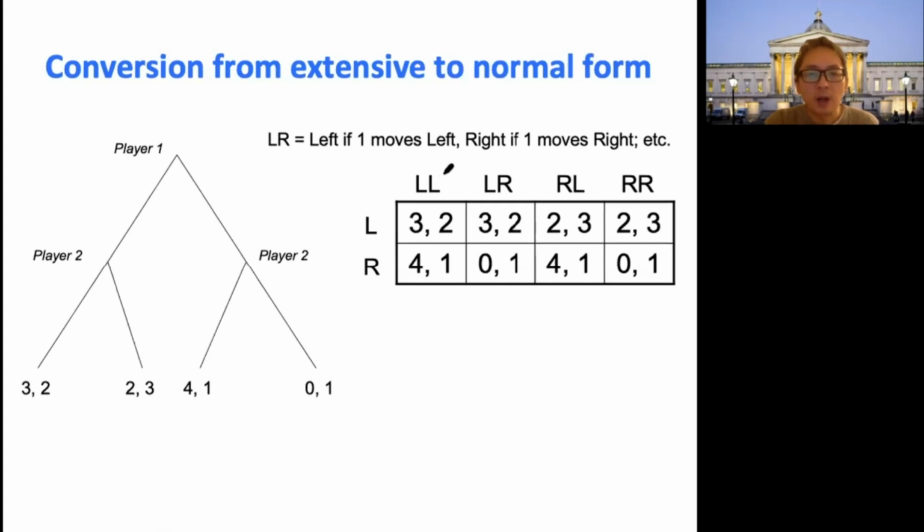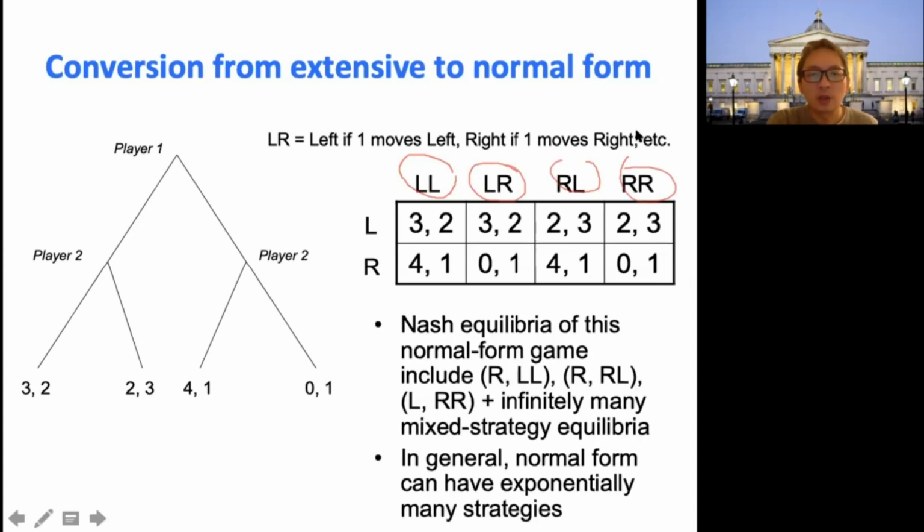But player 2, think about that, would have 4, because LR means left if one moves left, right if one moves right. So you could actually have 4 kinds of combination.